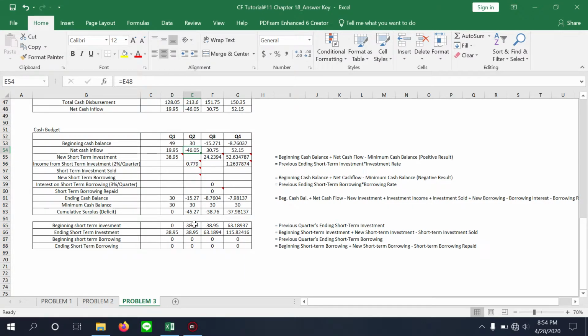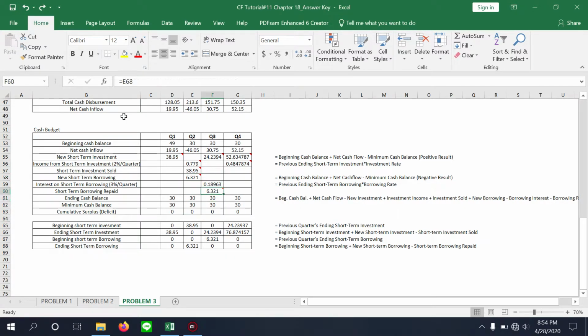Basically, you have a deficit of minus 45. You have a couple of options, but the first option is that you need to sell your current investment. After you sold your current investment, you see that you still run a deficit. So after you sold all of your investment, you will need to borrow money. So you will put the borrowing in here.